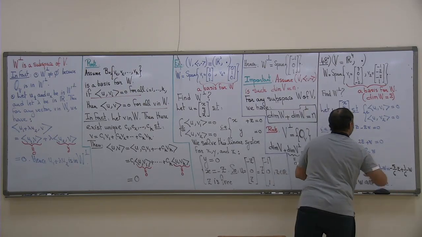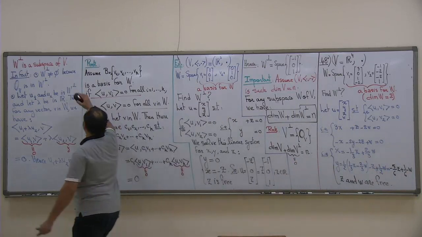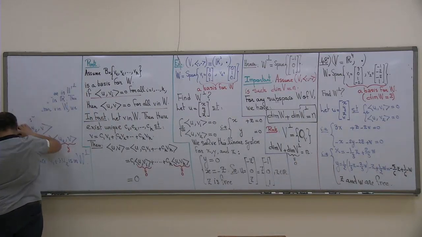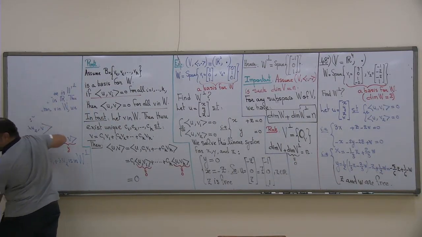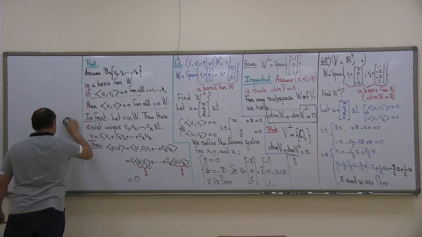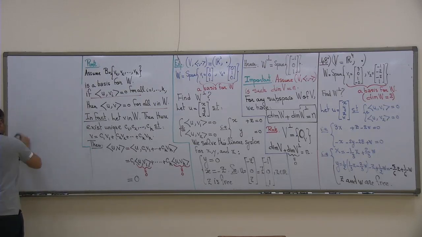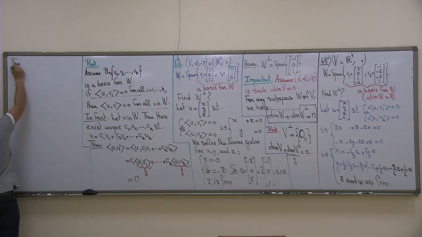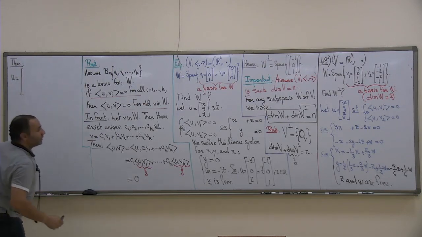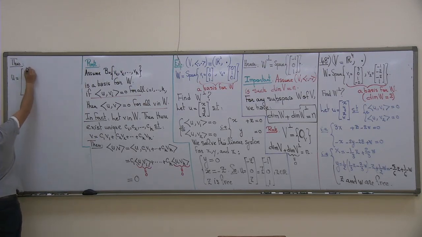Okay, so I go back and rewrite now my vector u. Thus, u is equal to, instead of x, I have minus 1/3 z plus 2/3 w.